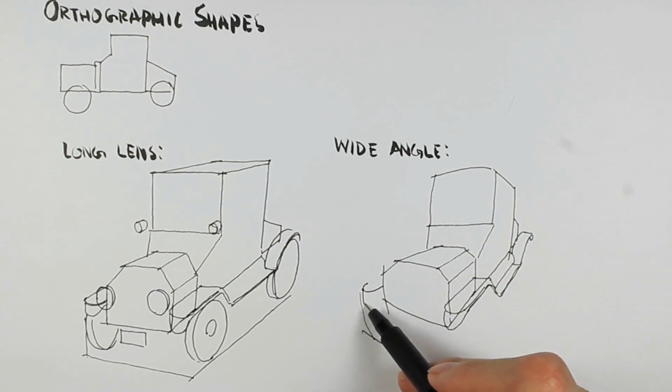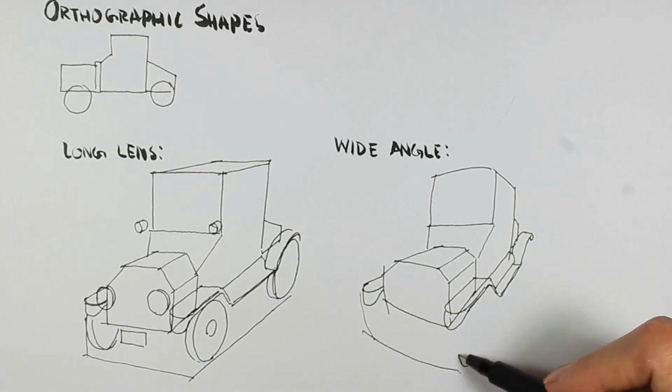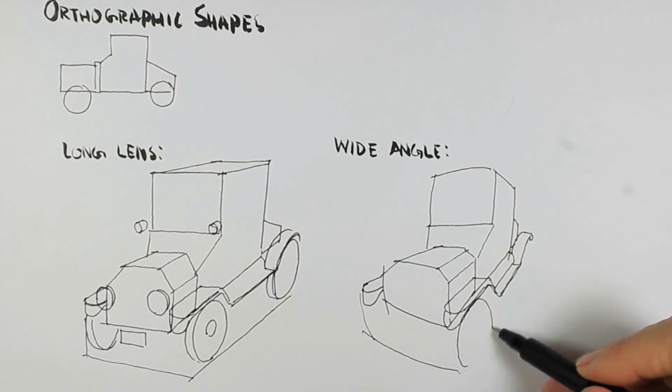And now ellipses for the wheels. If you're having trouble with those, again, I have to refer you back to Scott Robertson's How to Draw. It'll really help you with all those sorts of things.